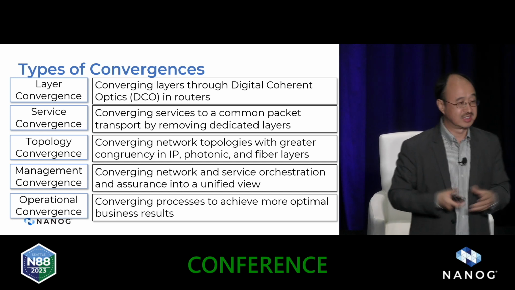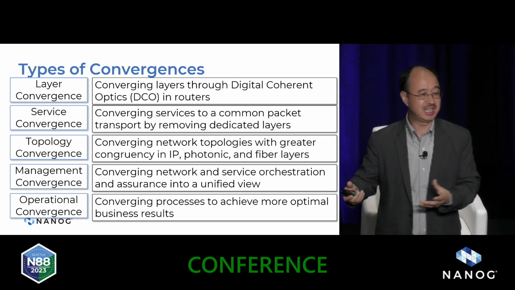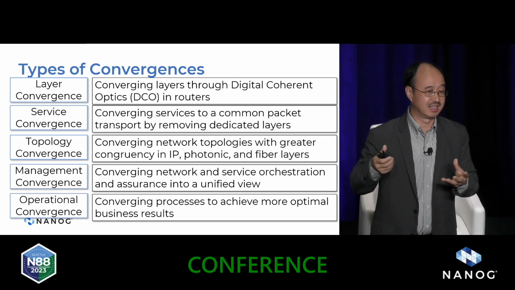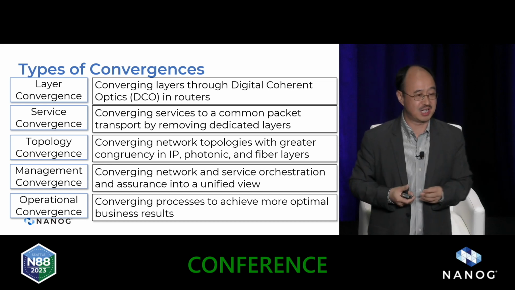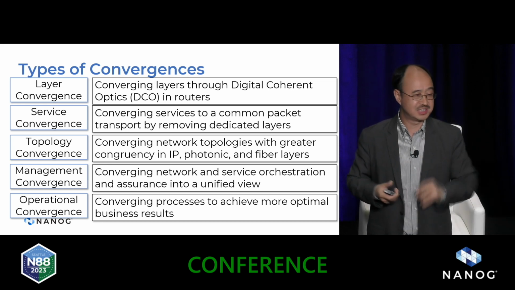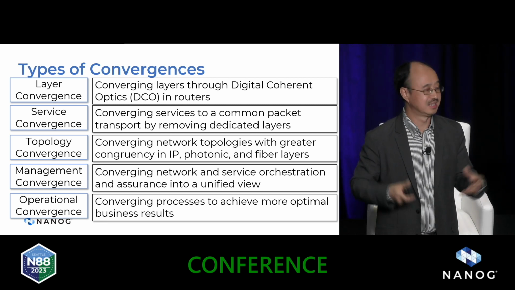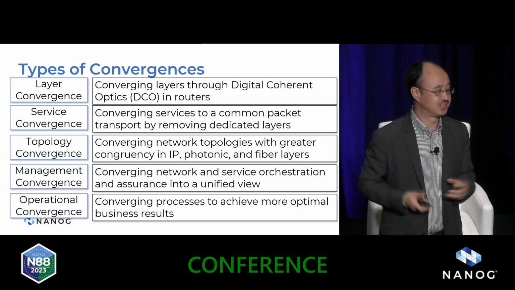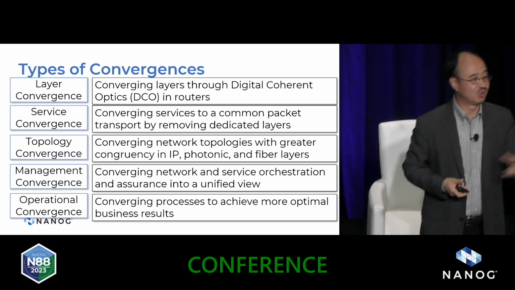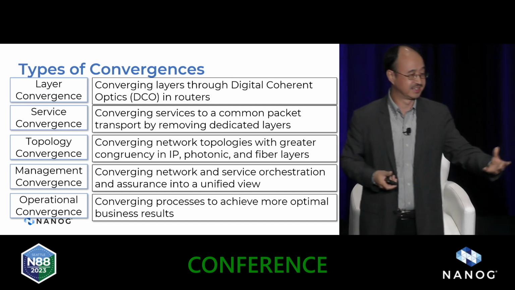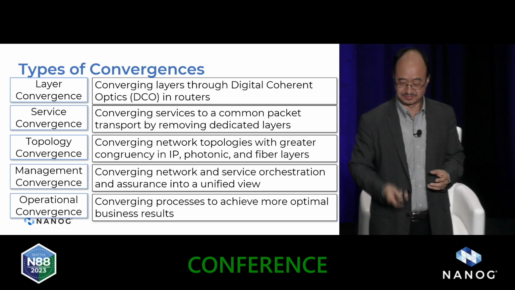With that, some of the processes, some of the tooling, some of even, let's say, the organizational structures and organizational culture may have to be enhanced, optimized, or even changed to realize the benefits of the converged architecture.